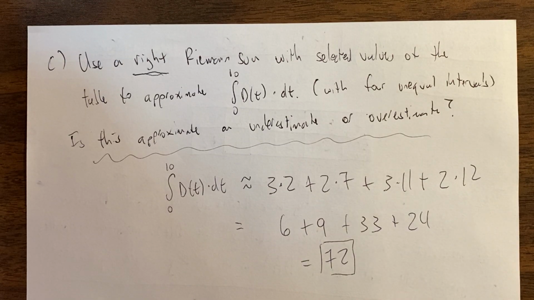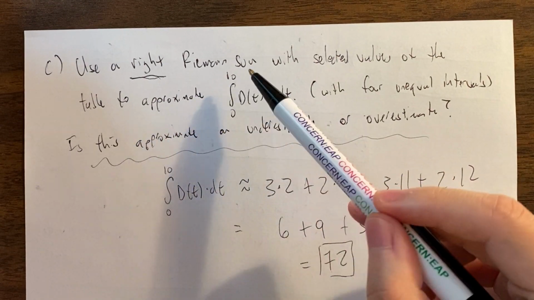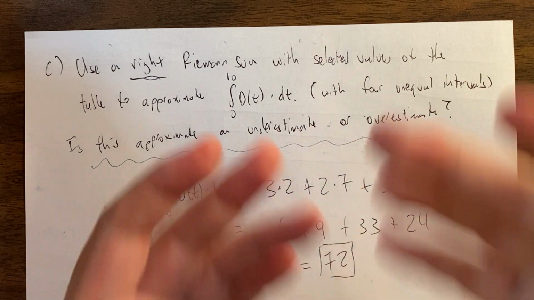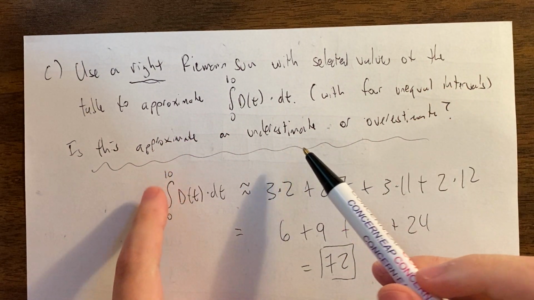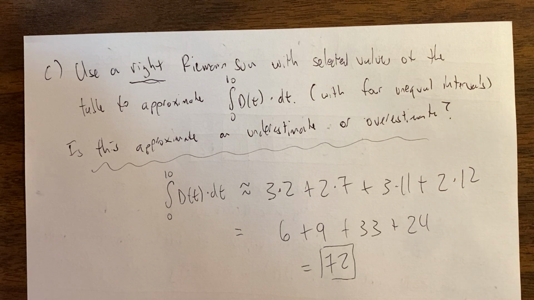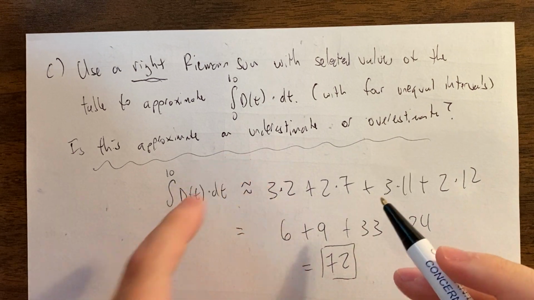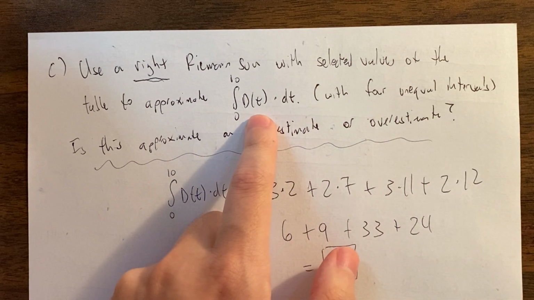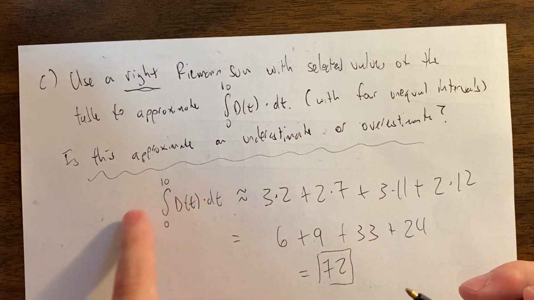So what I tell my students is oftentimes in the Riemann sum question, the Riemann sum is not the answer. For example, the question could be find the Riemann sum, and then it asks an additional thing. In this case, it's approximate overestimate, but I've seen things where they ask you to find the average, and remember the average is 1 over b minus a times the integral. So the average would not be this.